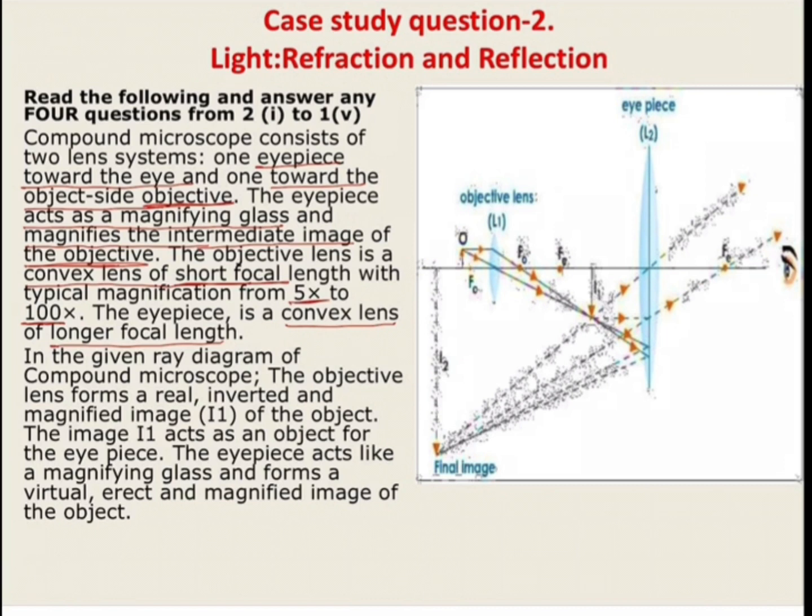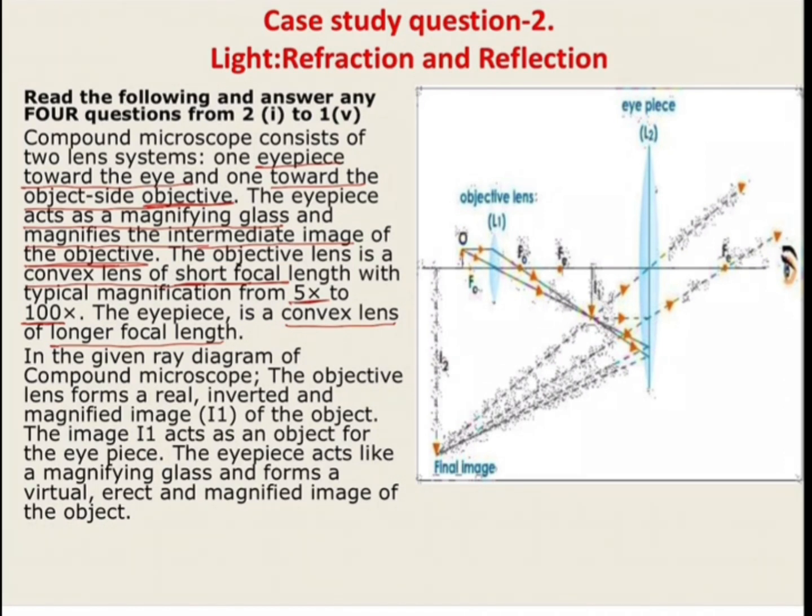So there are two lenses in a compound microscope. One is towards the object, which is known as objective lens, and second one towards the eyes, which is known as eyepiece. The objective lens is a small lens but has high power. Focal length is less but the power is high.